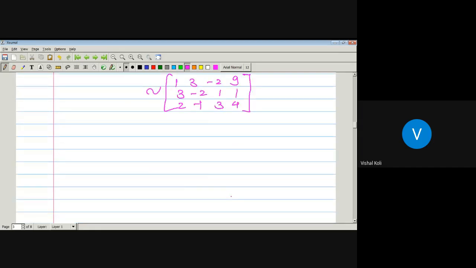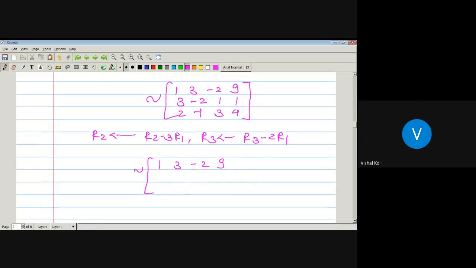Now, second row is changing to R2 minus 3 times of R1, and third row is changing to R3 minus 2 times of R1. So which is equivalent to first row as it is, 1, 3, minus 2, 9.